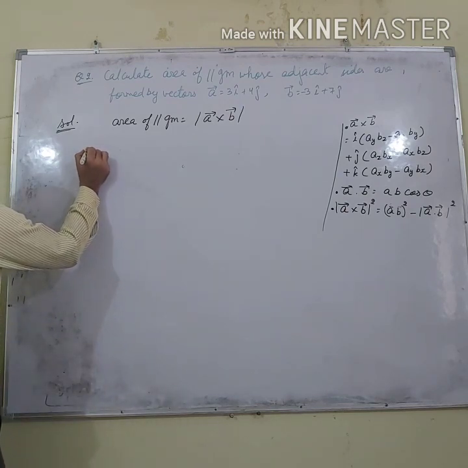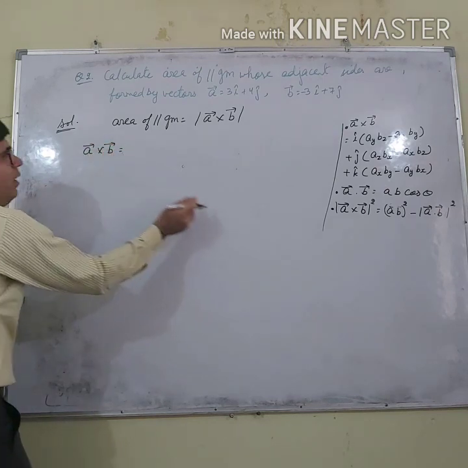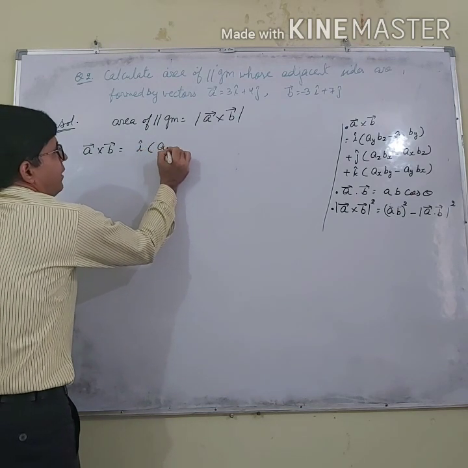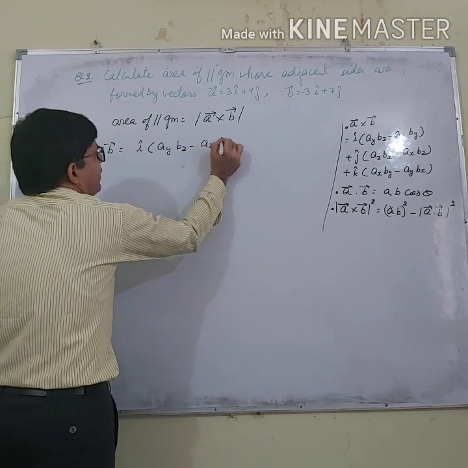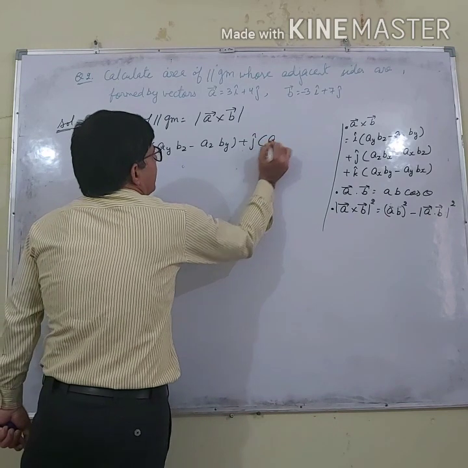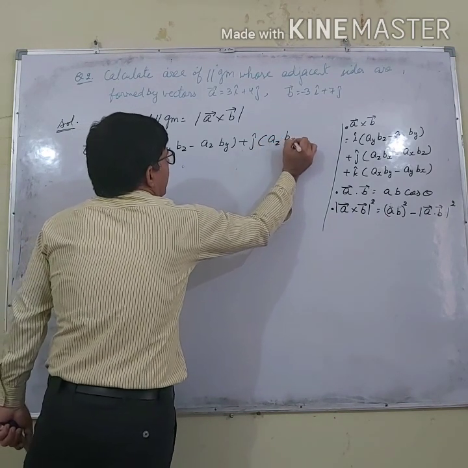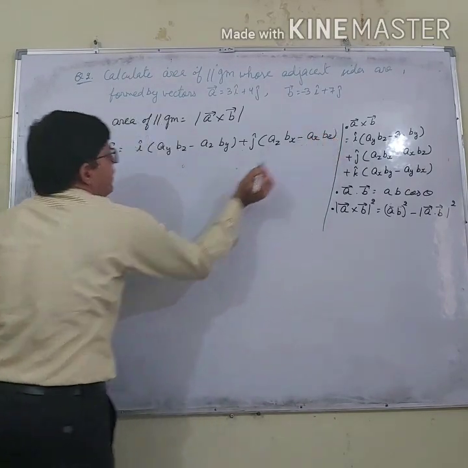We know the formula for A cross B: i cap is AY BZ minus AZ BY. For j cap, j means y axis, so start with Z, ZX: AZ BX minus AX BZ.